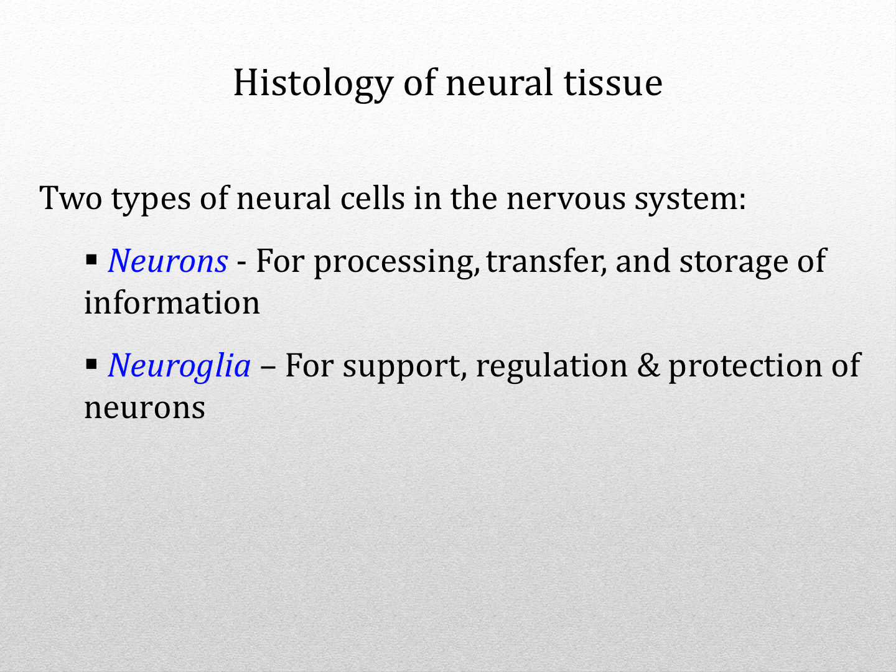Now, there are actually separate glia for the central nervous system and for the peripheral nervous system, and we'll look at that shortly. So the functional cell is the neuron, and neuroglia are for support, regulation, and protection of the neurons. The neuroglia actually outnumber the neurons, and I've seen different numbers for this.